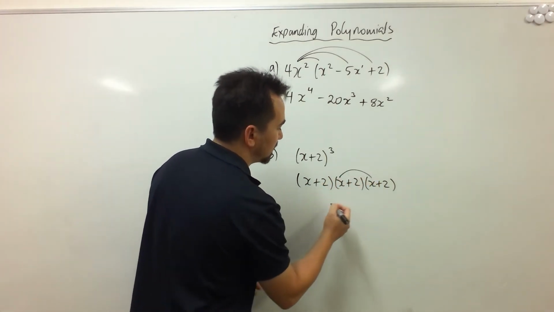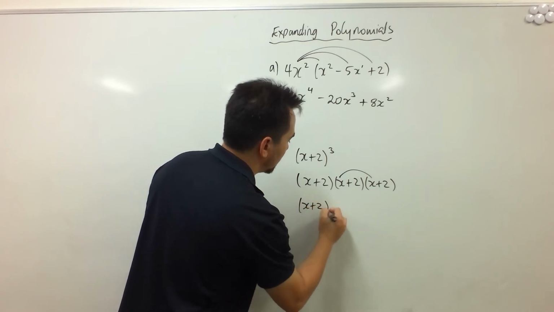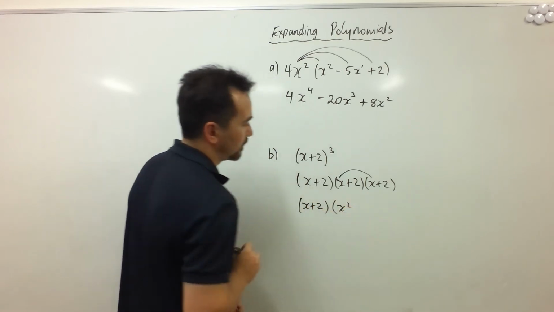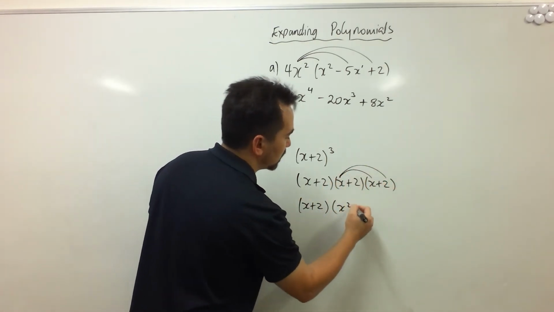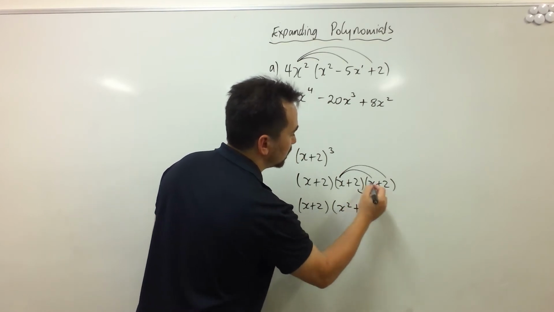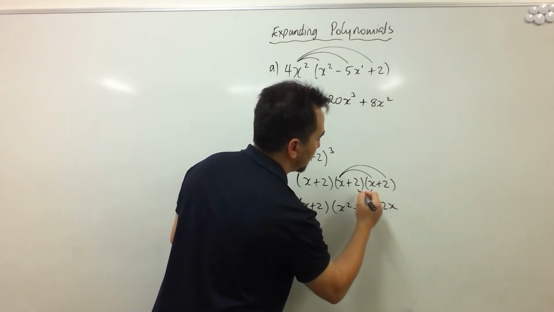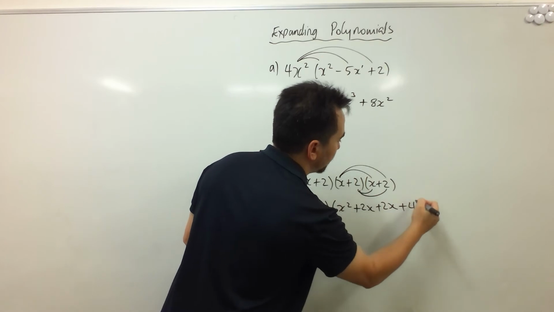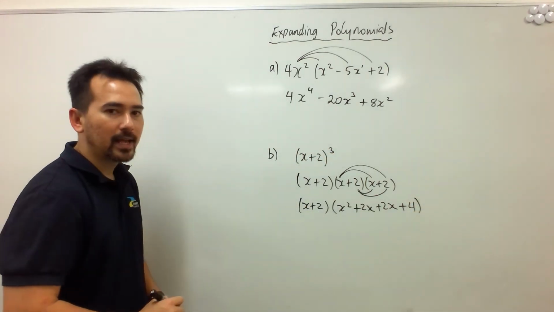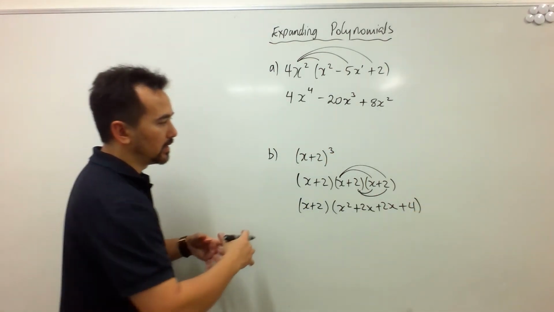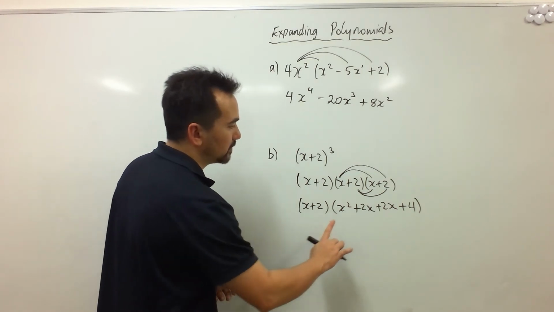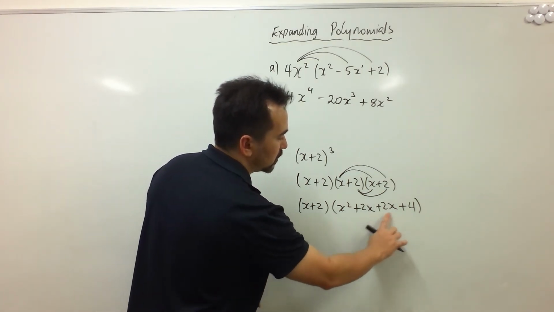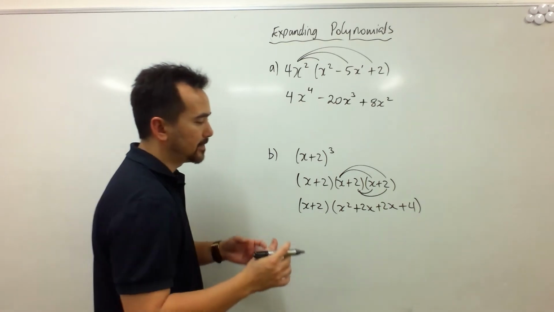So, x times x is x squared. X times 2 is 2x. 2 times x is 2x. And 2 times 2 is 4. Okay? And that's using the distributive expansion. Now I've got 2 x's here that I can simplify.